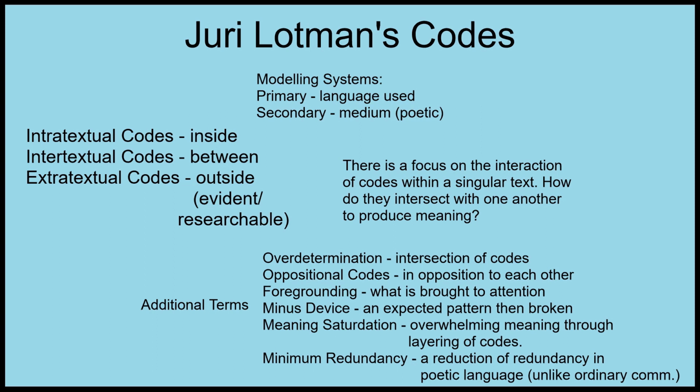So, overdetermination is basically the intersection of codes. Now, what's a little bit irritating is that overdetermination and meaning saturation are kind of similar, but just think of overdetermination as the most basic of these additional terms, because overdetermination just means that these codes intersect with each other, right?